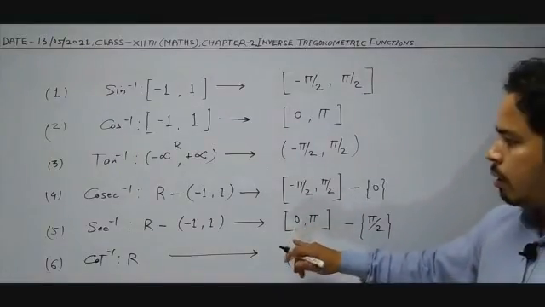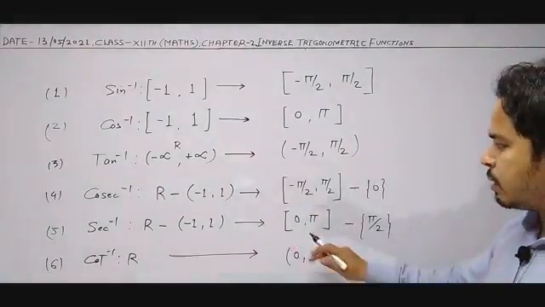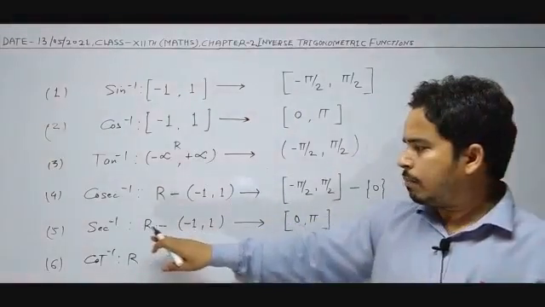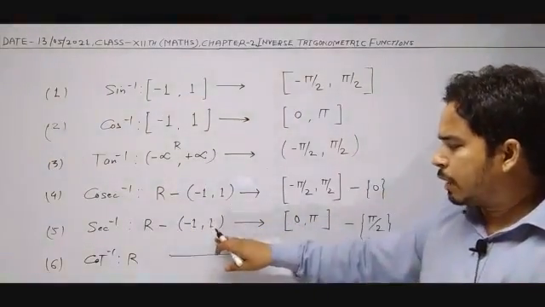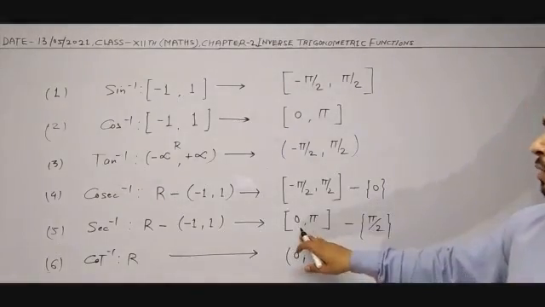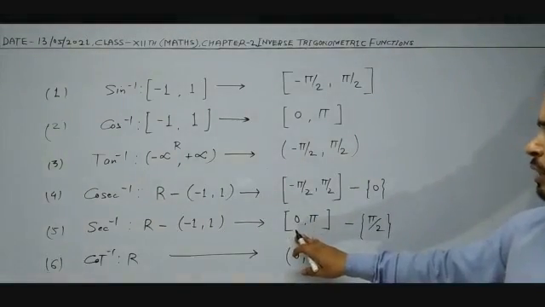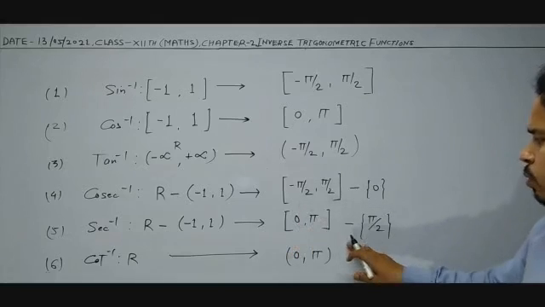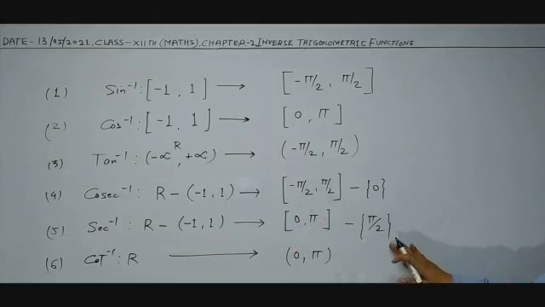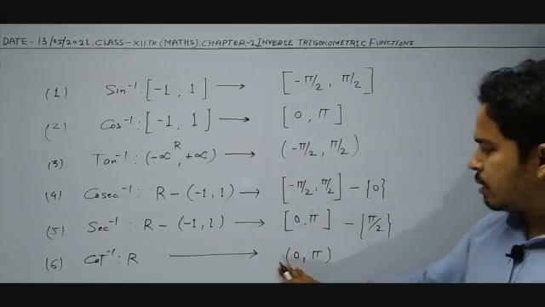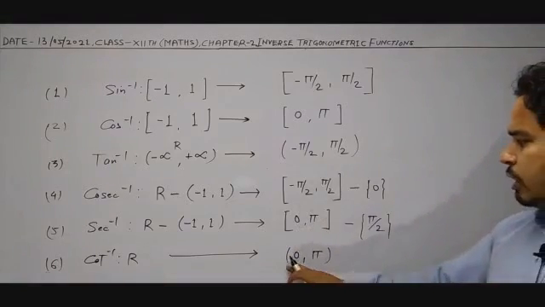Now fifth is sec inverse, domain is all real numbers excluding minus 1 to 1, and principal value branch is from 0 to pi excluding pi by 2 part. Similarly for cot inverse, the principal value branch is 0 to pi.